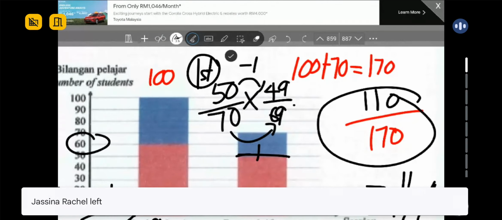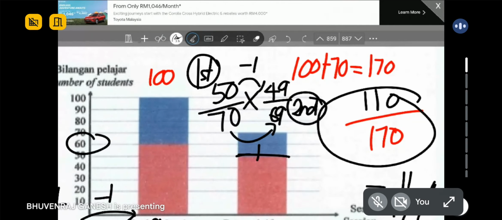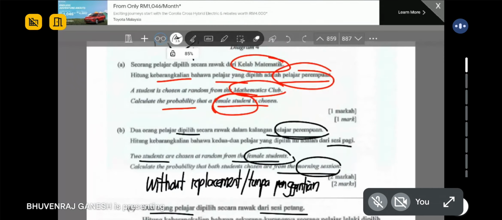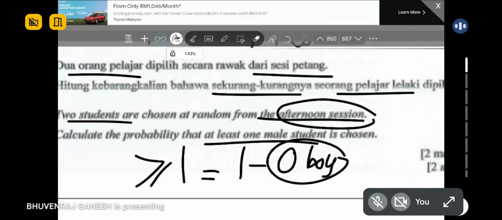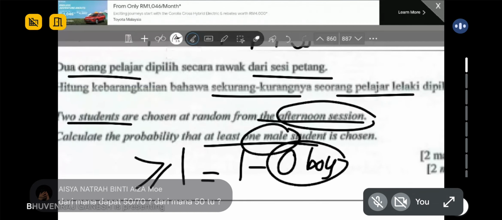Okay, you already chosen one girl. So this is for the second girl guys. Yang kedua. Okay? Understand? And then you take 1 minus this answer. Satu tolak seluruh jawapan. Sebab sekarang kita nak lelaki. So, satu tolak lah. Sebab dia nak lelaki. Male student. Okay? Do you guys get the concept?